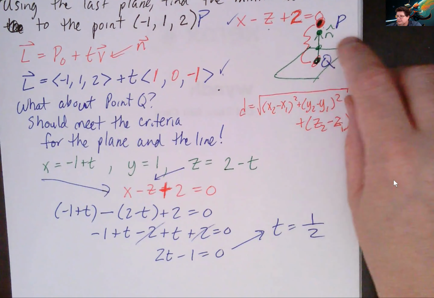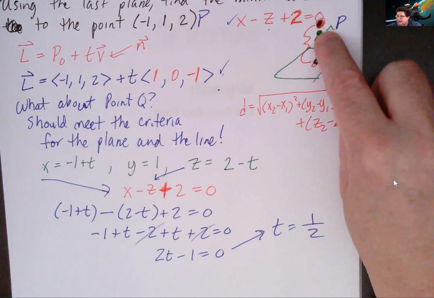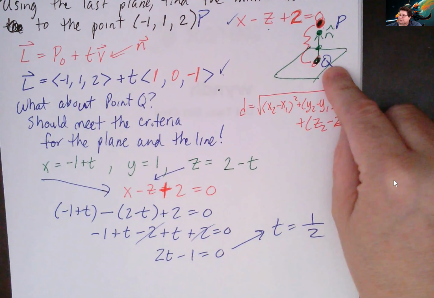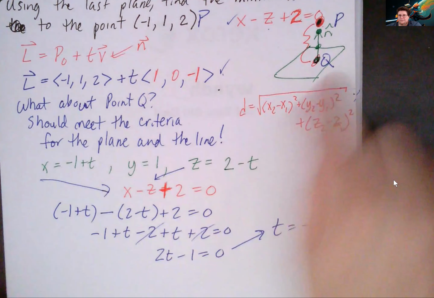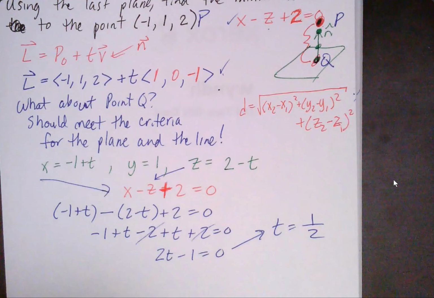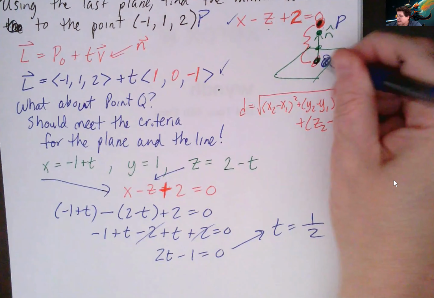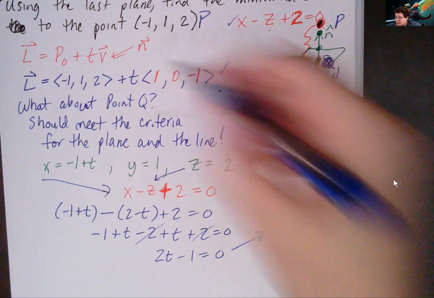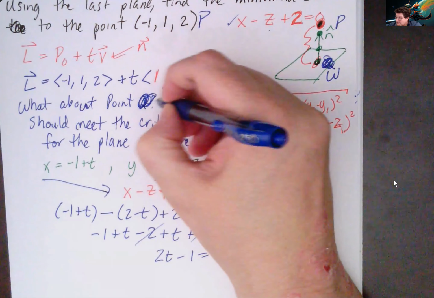Because I'm trying to do the shortest distance from this P. This is not the same Q as in the previous problem. That's my bad. Let's call this point W. Put point W over here.